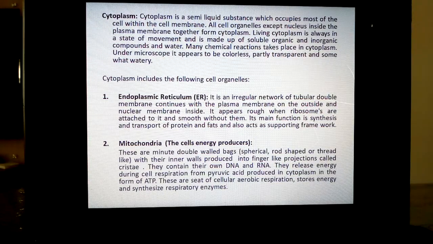Now we are moving on to cytoplasm. Cytoplasm is a semi-liquid substance which occupies most of the cell within the cell membrane. All cell organelles except nucleus inside the plasma membrane together form cytoplasm.